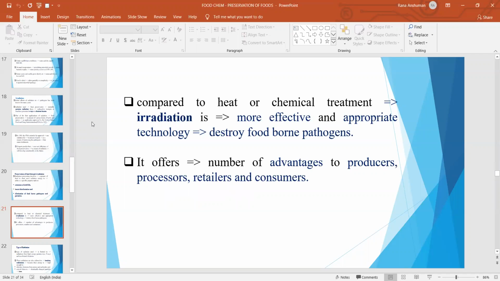Compared to heat or chemical treatment, irradiation is a more effective and appropriate technology to destroy foodborne pathogens. It offers a number of advantages to producers, processors, retailers, and consumers.